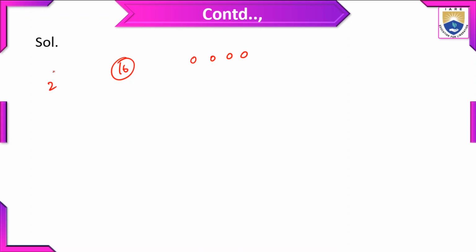Why? 2 power k, and what is the k size? 4. So 4 message bits, like this 0, 0, 0, 0 up to all ones, 4 ones. So this is my message. Same formula: you multiply this message with the parity matrix to get the parity bits.